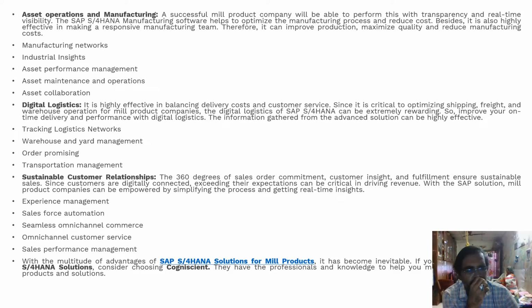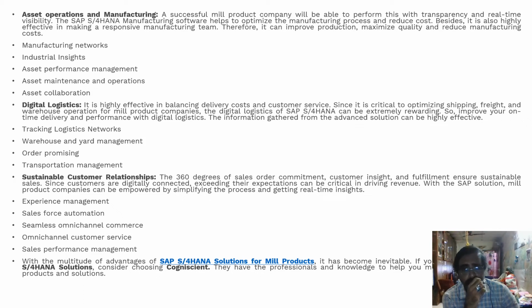And when coming to sustainable customer relationship, the 360-degree sales order commitment, customer insights, and fulfillment ensure sustainable or continuous sales, since customers are digitally connected, and exceeding their expectations can be critical in driving business revenues.